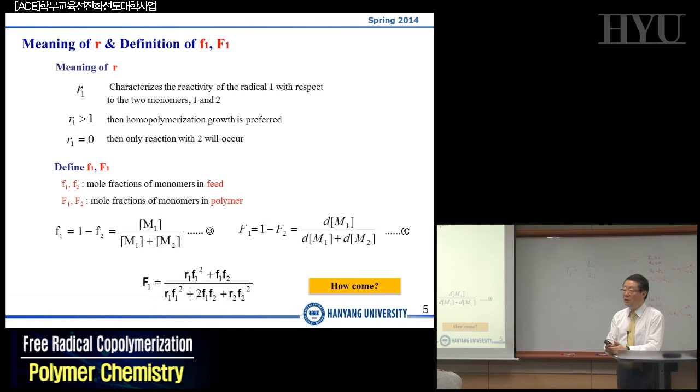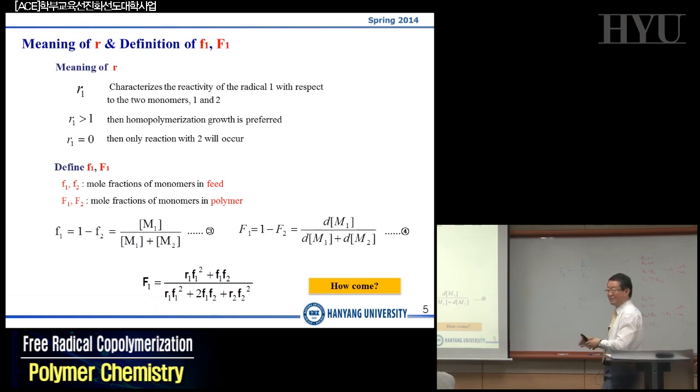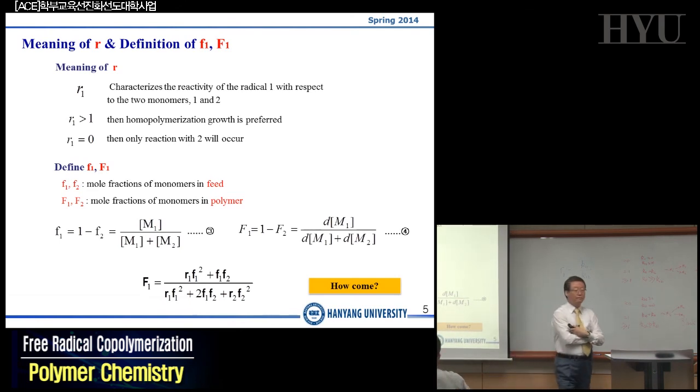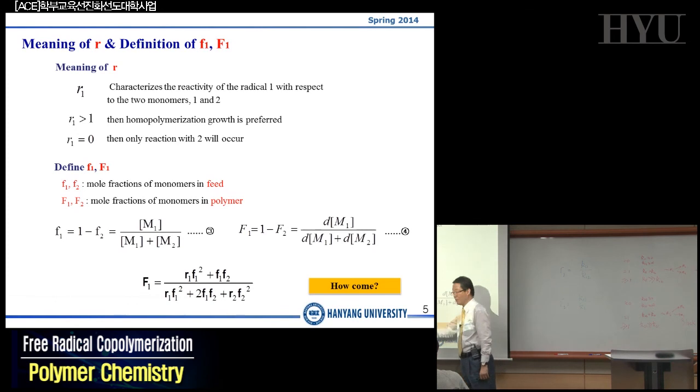This is the second or third homework, to be submitted next Wednesday. So please derive this copolymer equation in a different form, large F1, because this will be very helpful later on to get the composition of your copolymers from r1, r2, and the feed mole fraction.